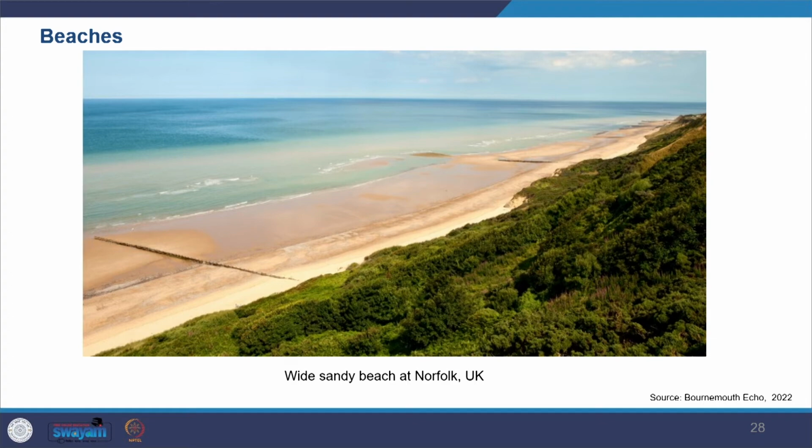And a beach is able to maintain itself in a state of dynamic equilibrium with its environment due to the mobility of its sediment. So sediment is constantly moving, which is why it's able to maintain the dynamic equilibrium.